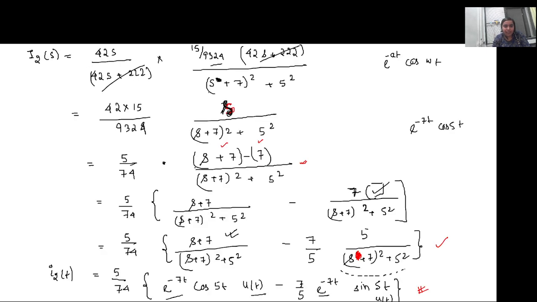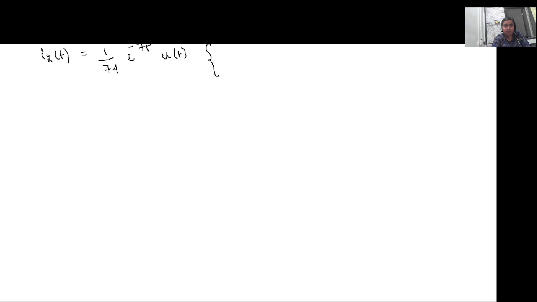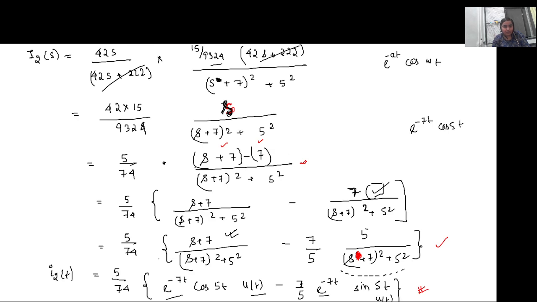Now the 5 that is here, I am taking it inside, so that this denominator gets cancelled, right? So it will be, since I am taking the 5 inside, cos of 5t minus 7 sine of 5t. Is it fine? I'm just taking this 5 which is outside inside the bracket.